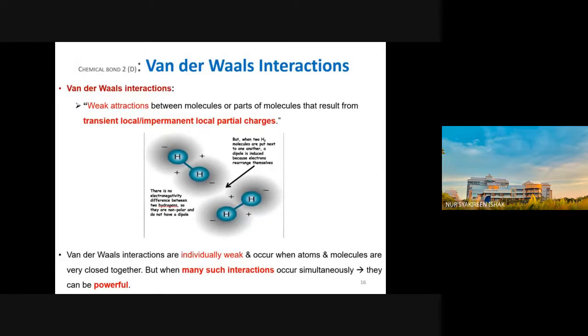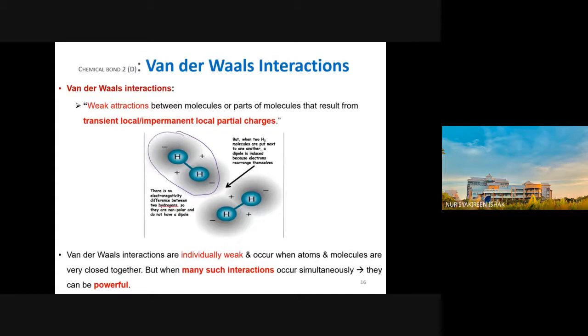But when many such interactions occur simultaneously, they can be powerful. In this diagram, for example, it gives you two molecules of hydrogen. When a hydrogen molecule exists alone, there is no electronegativity difference between the two hydrogen atoms, so they are non-polar and do not have a dipole.